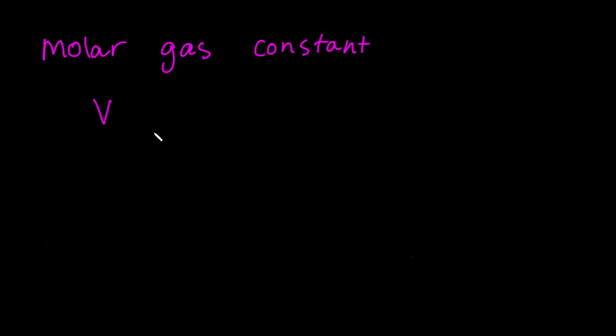The final thing we're going to discuss is some calculations involving the concepts we've already talked about. One thing to cover before we get to those calculations is the molar gas constant, which states that the volume of an ideal gas at SLC is equal to 24.8 multiplied by the amount of moles.